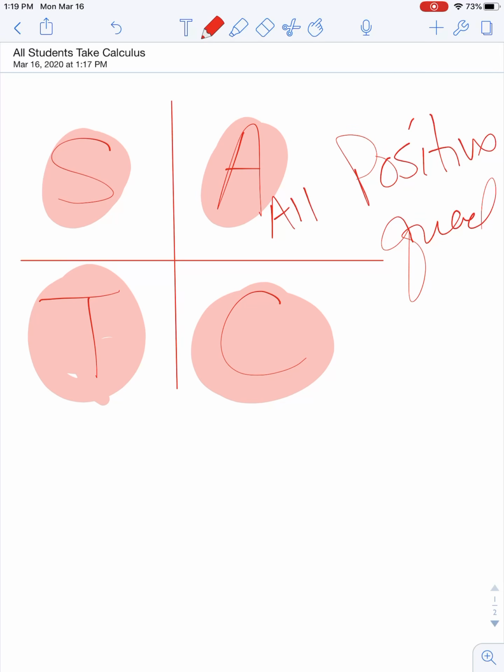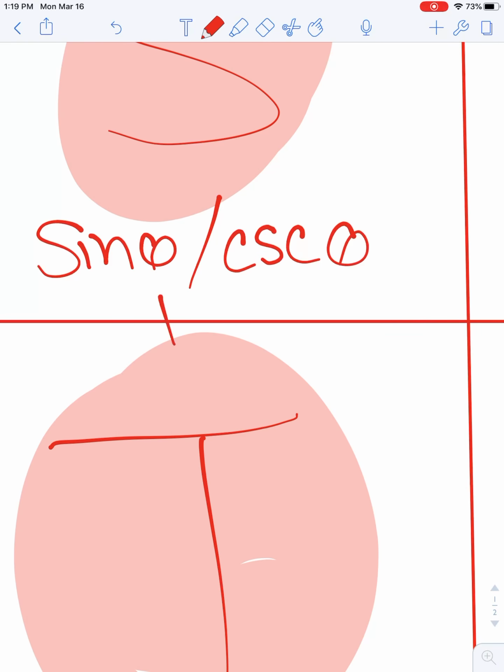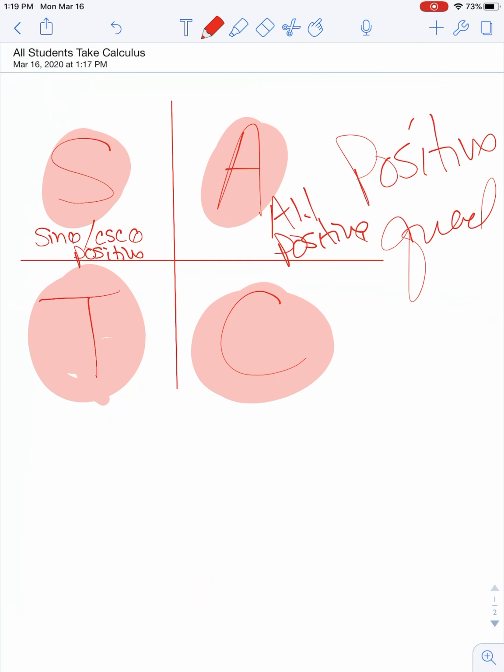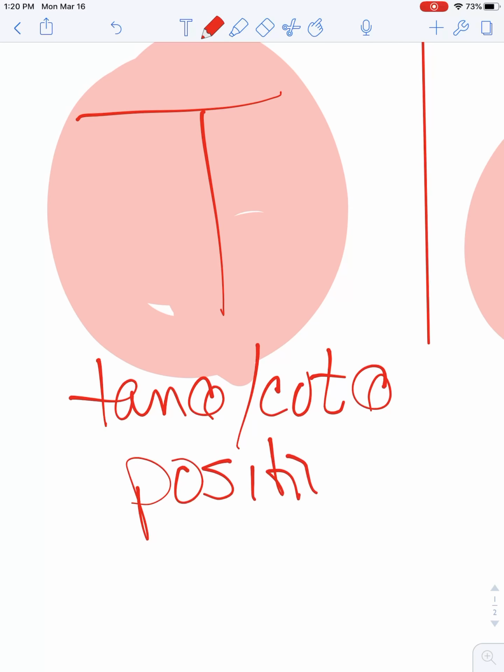Second quadrant, the S stands for sine, and of course the reciprocal function cosecant. All positive in the second quadrant. That means everything else is negative. So 2 are positive, 4 are negative. Third quadrant, T means tangent, and the reciprocal function cotangent are positive in this quadrant.